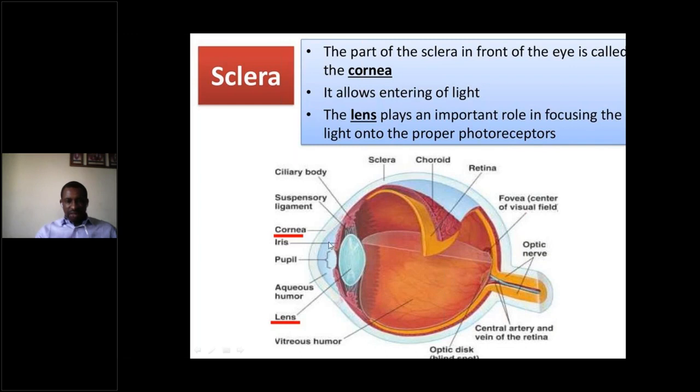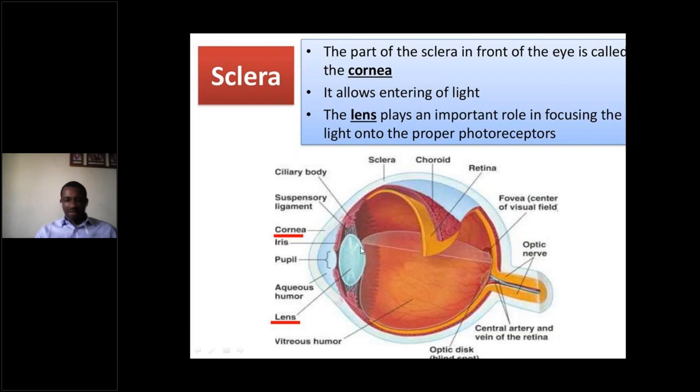And behind the cornea, you have the lens. You see the lens here? So the lens will now focus the light onto the proper photoreceptors. There are photoreceptors behind here. So when the cornea allows the light to come, it gets to the lens. The lens will now focus it to the photoreceptors.